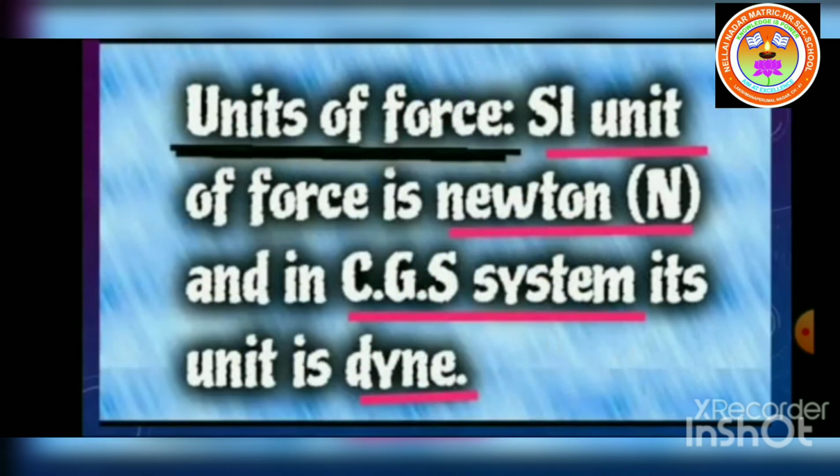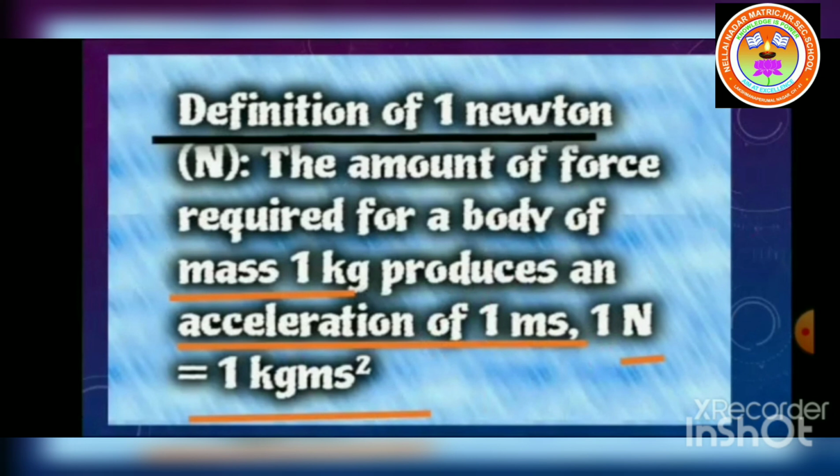Unit of force. The SI unit of force is Newton, and in the CGS system it is Dyne. Definition of 1 Newton: the amount of force required for a body of mass 1 kilogram to produce an acceleration of 1 meter per second square.